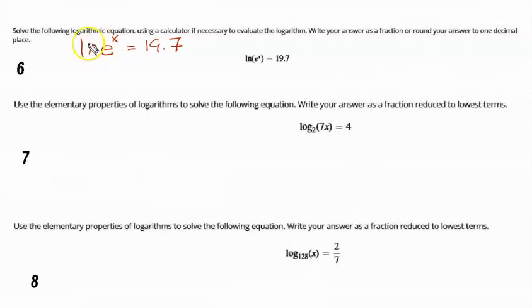We said when something was in this arrangement and there was an E here, natural log base E of E, we take our exponent, put it out in front here, because this part just became a 1, so x is actually 19.7. So again, recognizing this form, that's the solution.